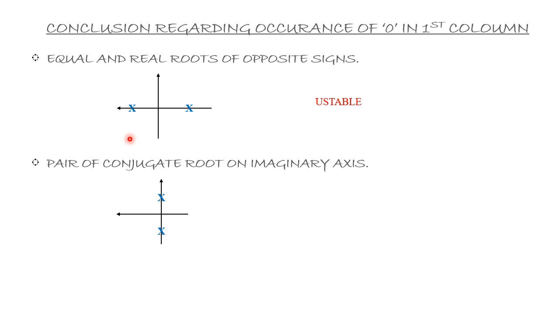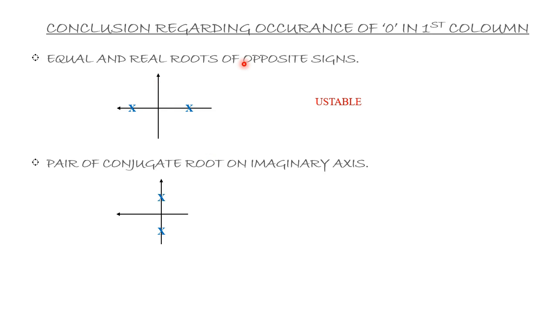So if we are getting 0 element in the first column, there will be two conditions: either this condition will be possible or this condition will be possible. And now how are we going to investigate which is the condition over here? You can see that if the pole lies on the right half, there will be a sign change.